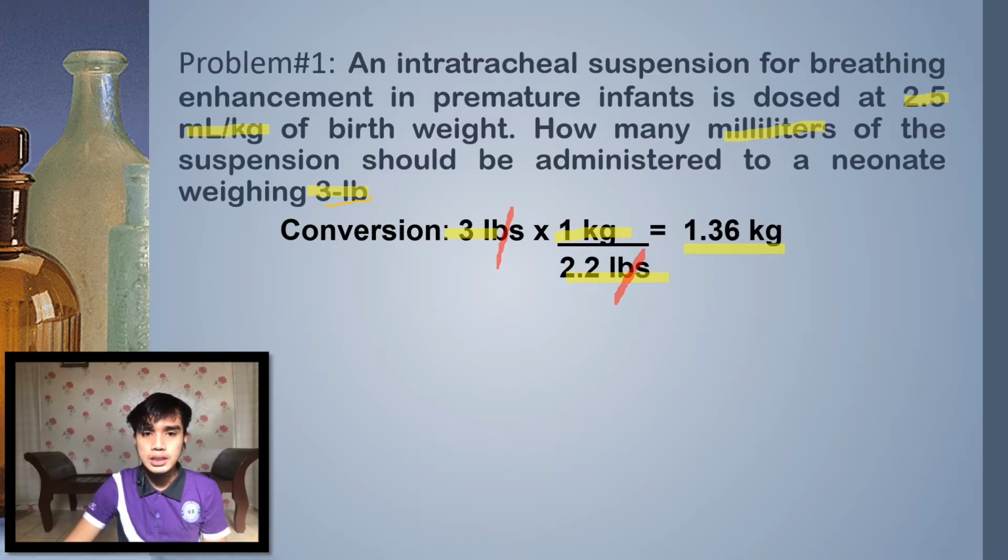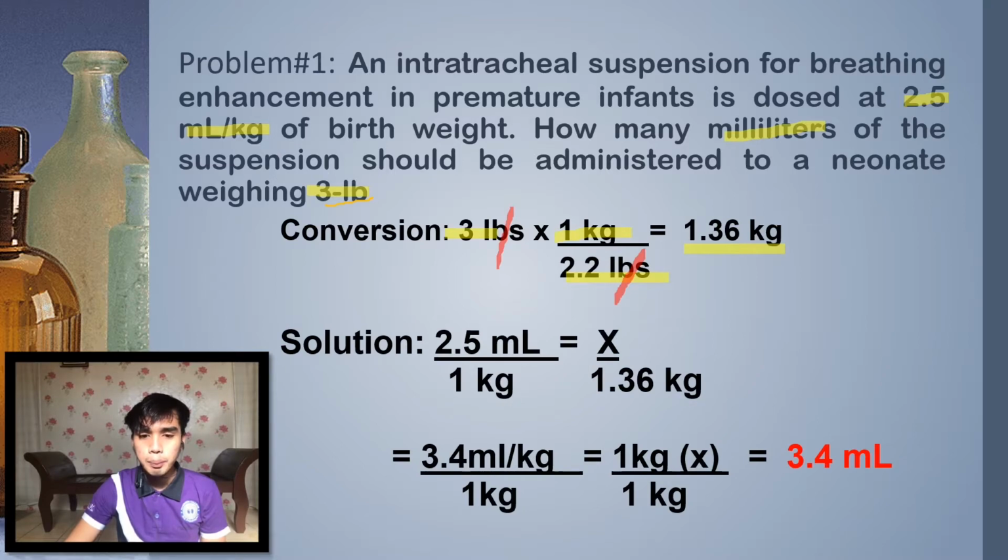So next, since we have now the weight of the child in kilogram, we can calculate now his or her dose based on the given dose. The given dose here in our problem is 2.5 ml per kilogram is equal to x. Why x? Because x is what we are going to find.